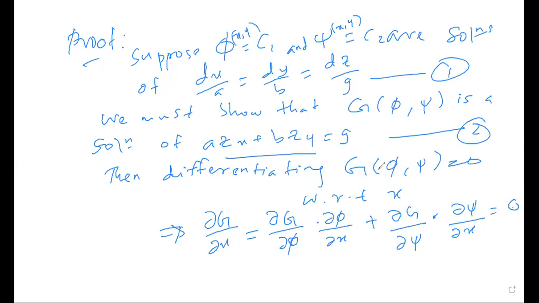Am I right? Because the right-hand side of g is 0 now. Shall I continue? I need to erase this window.